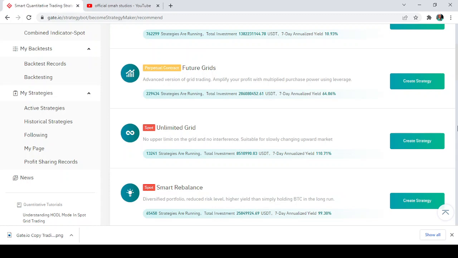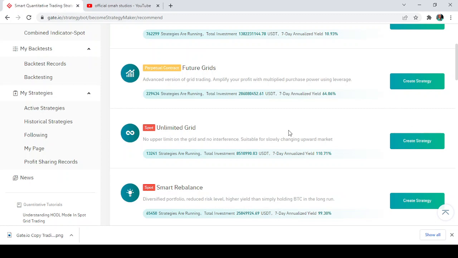To avoid the situation where grids run out, unlimited grid strategies place orders geometrically. The idea is to sell more digital assets than the initial value each time the price of the digital assets rises, and to buy the corresponding amount of the digital asset when the price falls.